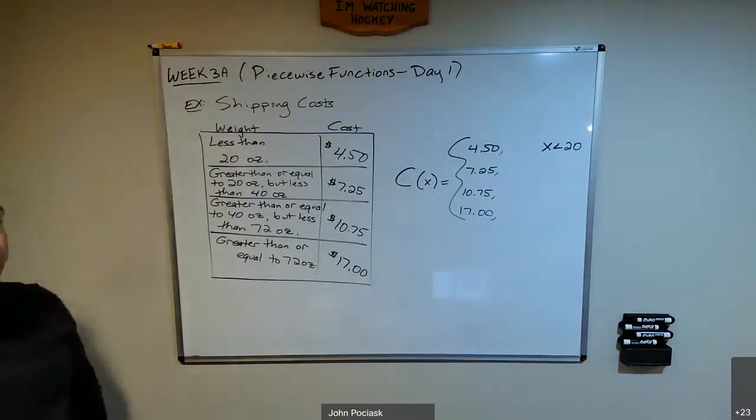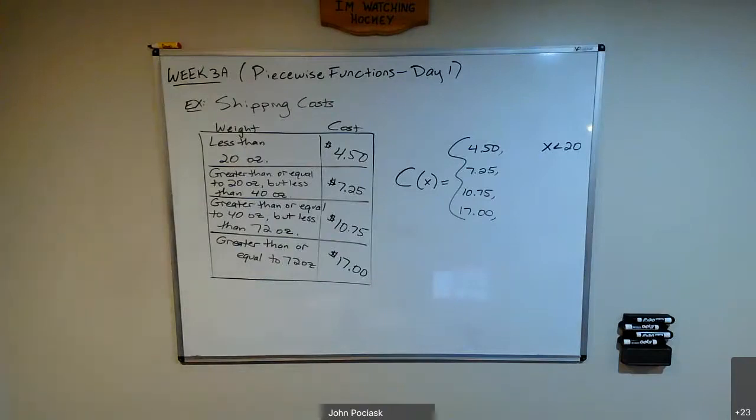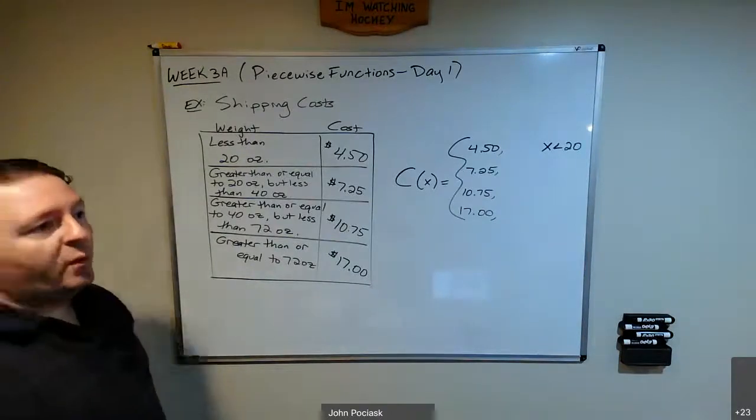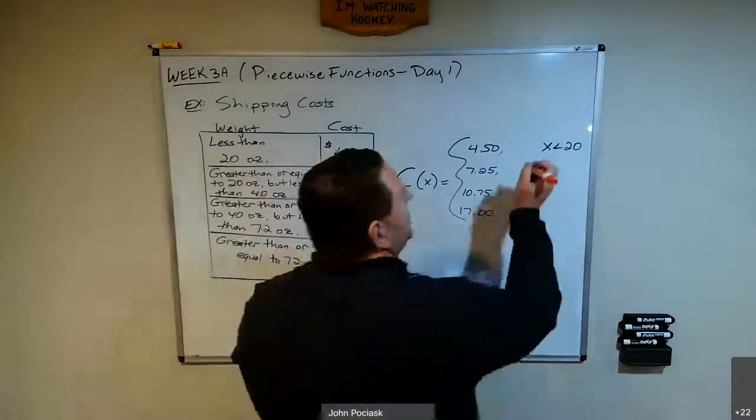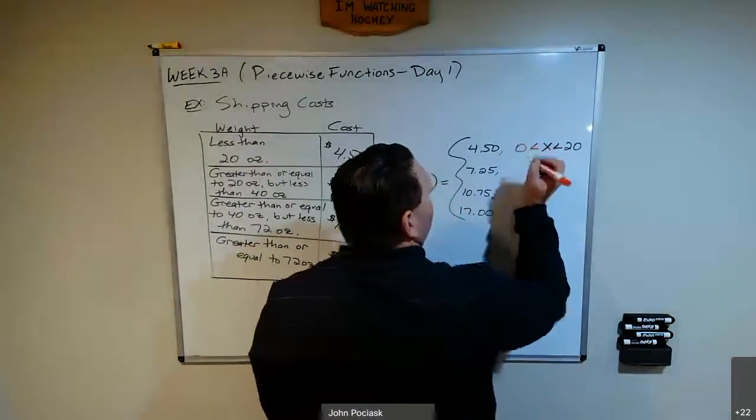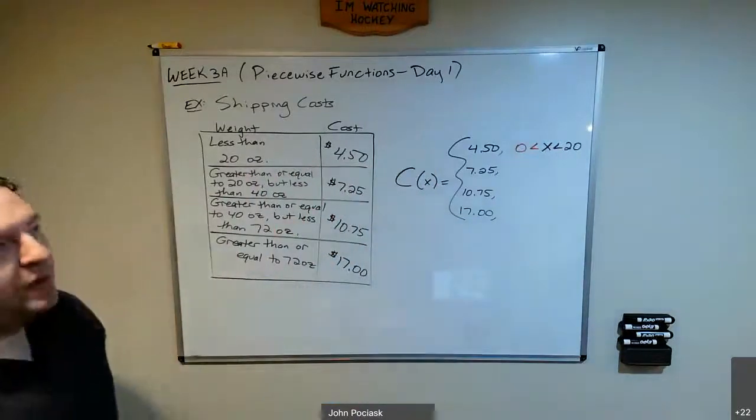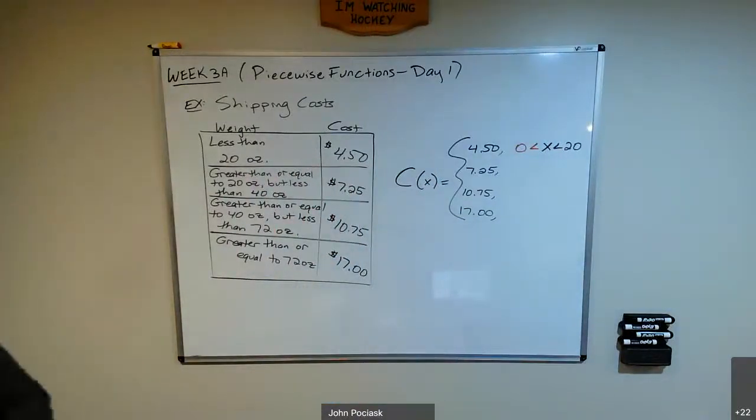And you can't actually even mail something that has 0 weight, right? It needs to have some sort of a weight for you to mail it. So this actually has a hidden boundary at 0 that you'd have to put in there. It can't mail negative weight.